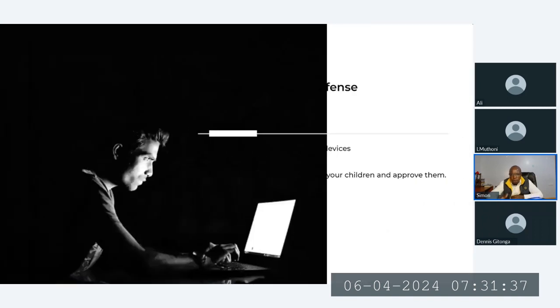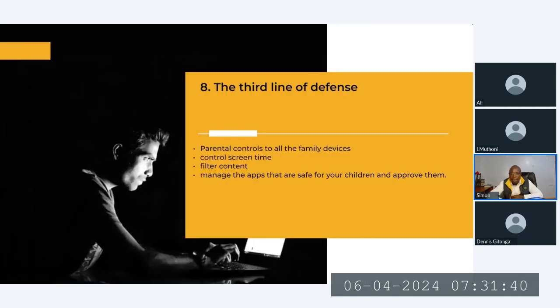So we are going to look at the third line of defense, which is now more technical. And this is setting up parental controls on all the family devices. This helps you to control screen time, filter content, and manage the applications that your children are accessing.